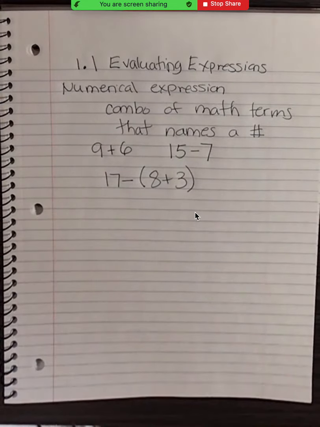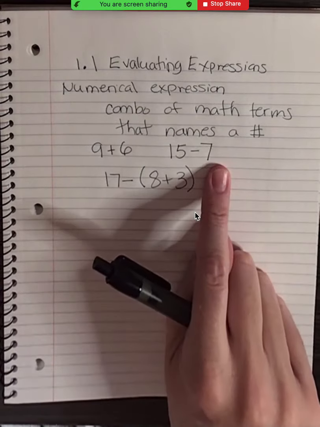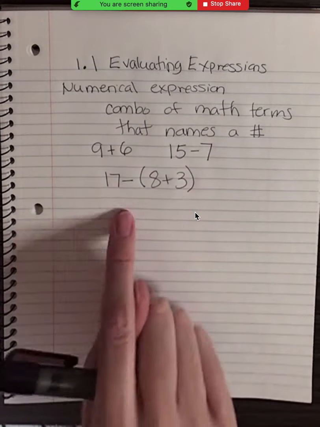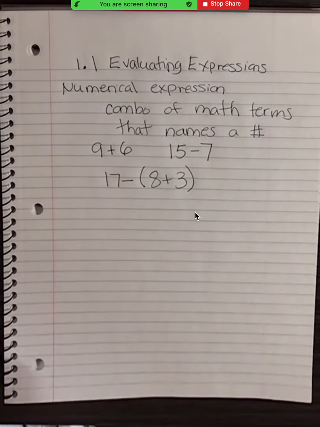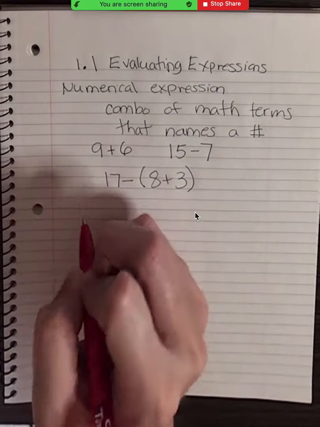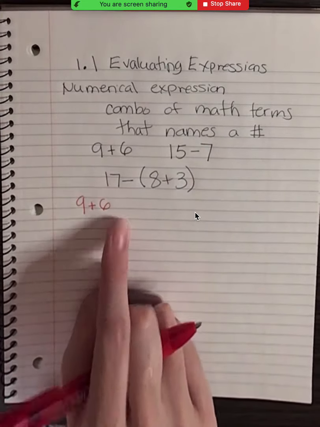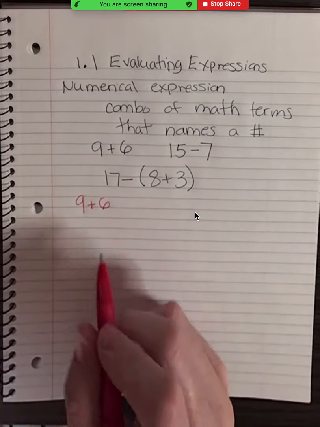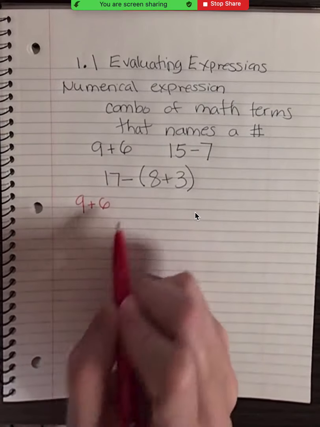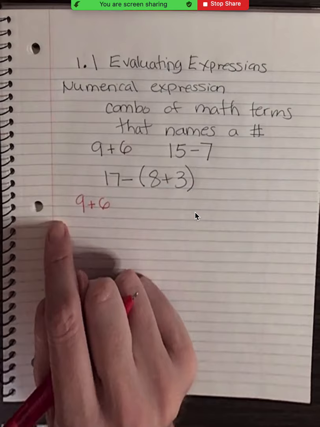So in order to evaluate a numerical expression, you must find the number that the expression names. Okay? So like 9 plus 6. If we're evaluating this, it really just means perform the operations. So what number does 9 plus 6 name? Well, 9, and then you add 6.